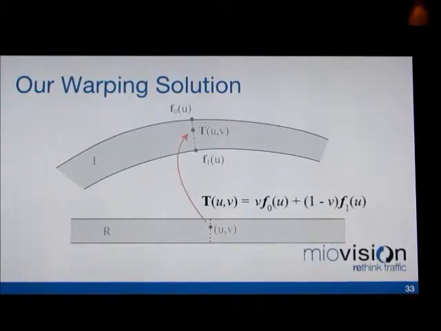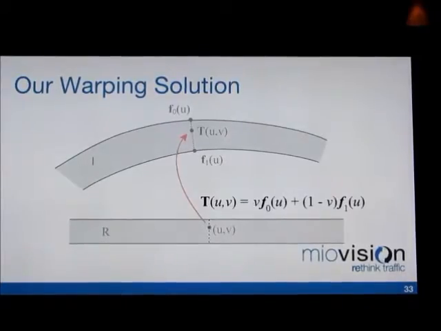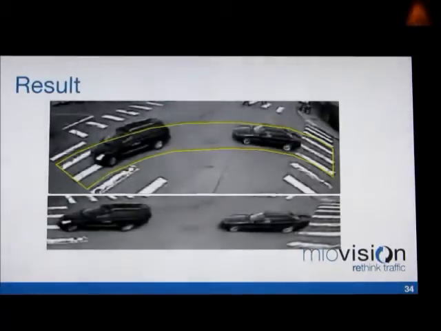So we use this transformation, and we can populate all the pixels in a rectified image from the source image, and we get a straightened image where the vehicles travel along the rectified line.